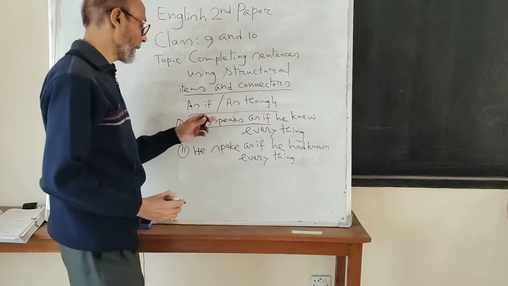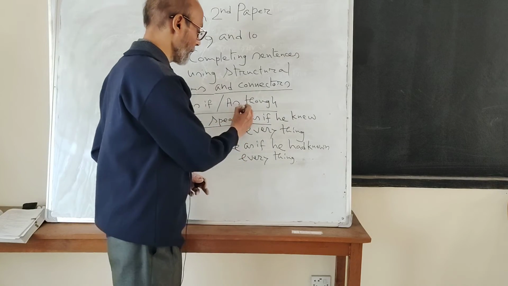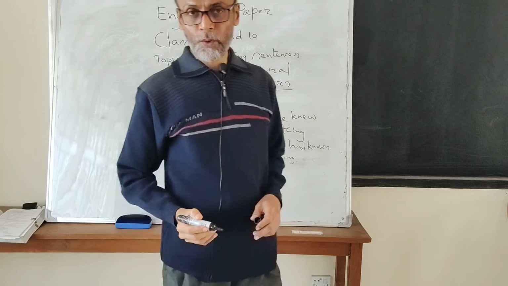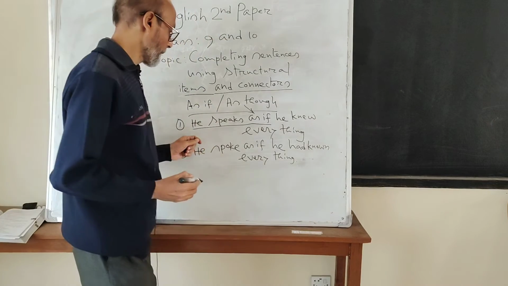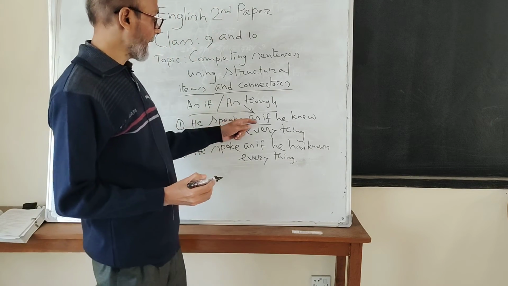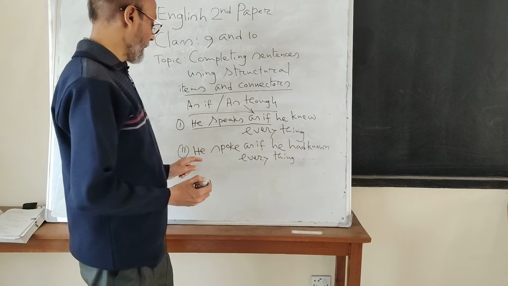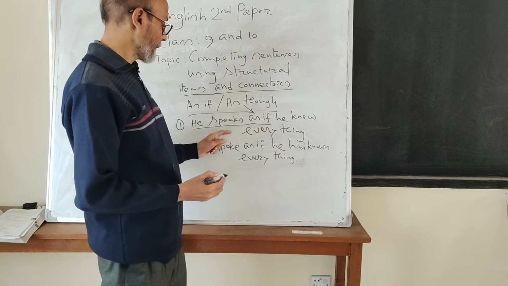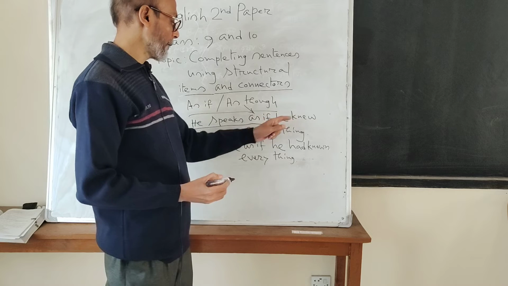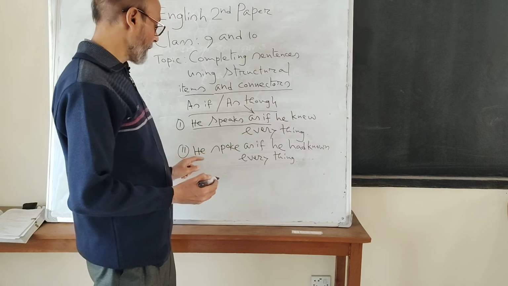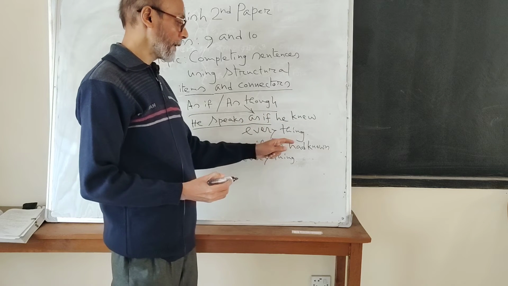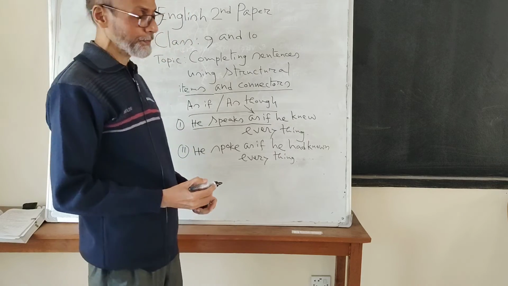And remember, in the place as if, you can also use as though. For example, he speaks as though he knew everything. He spoke as though he had known everything.